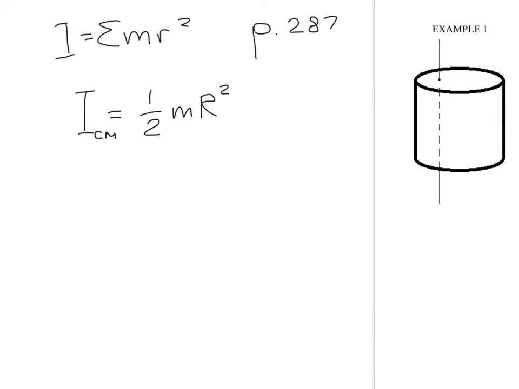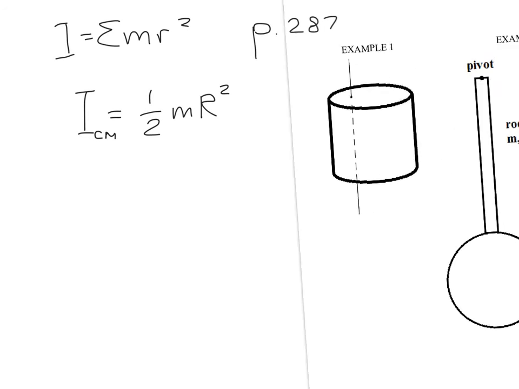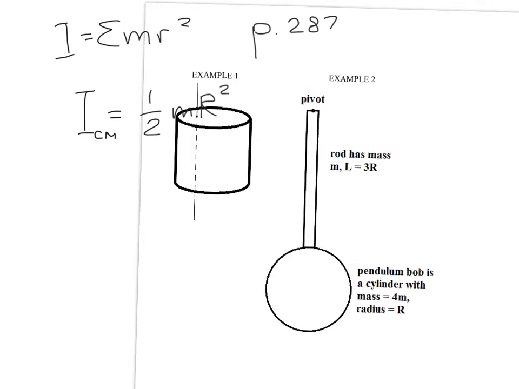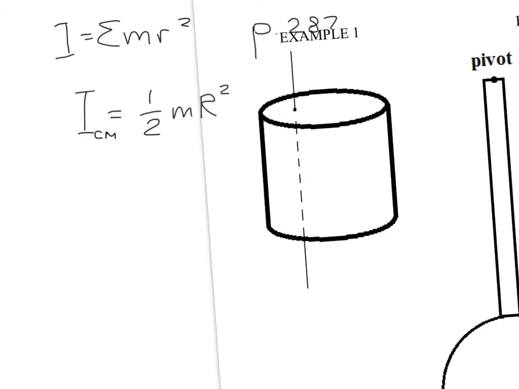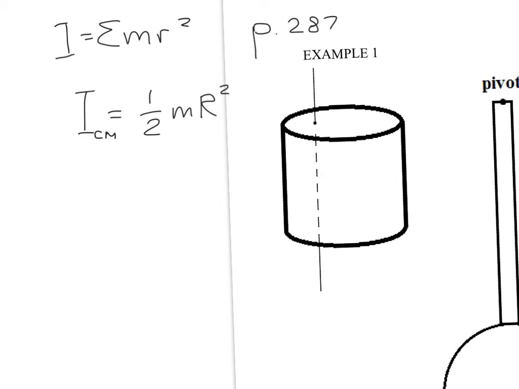Okay, now, if you are rotating the object through its center of mass, that's what this cm is for, then the moment of inertia is something you can just look up in a table. But if it's like this one over here that I'm showing you, if we're looking at example 1, where the object is not rotating through its center of mass, right?